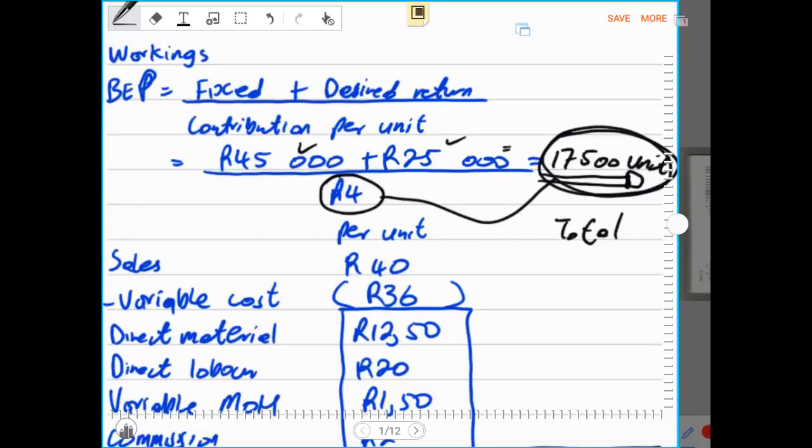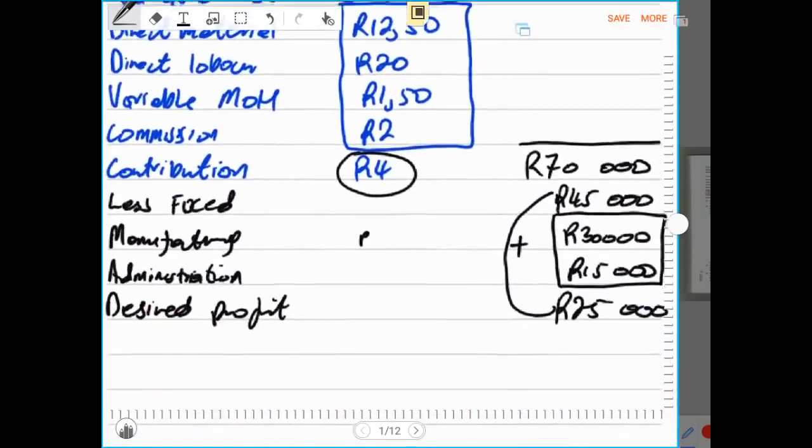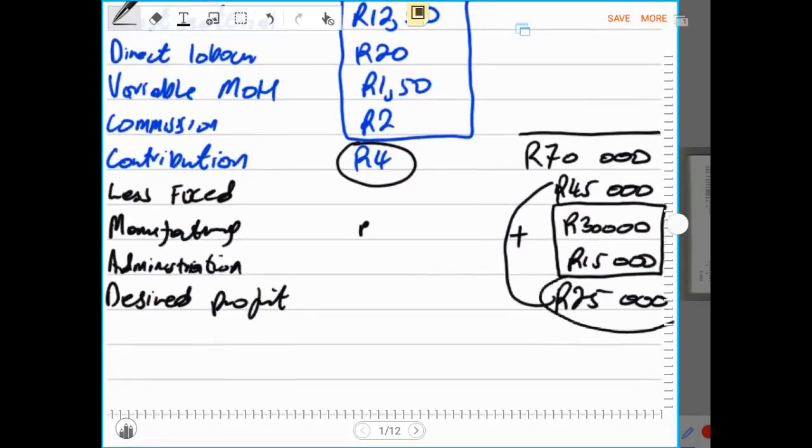But now we are doing it from the format of the income statement as we were instructed or required to do so. So now that is why you see in this case, I have to say, in order for me to get to the profit, it will definitely be the contribution minus fixed cost. Therefore, now that will give us the profit for the period or desired profit.